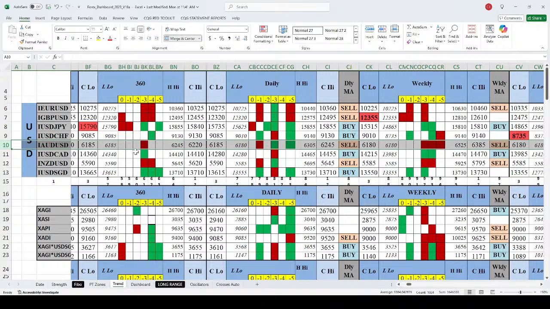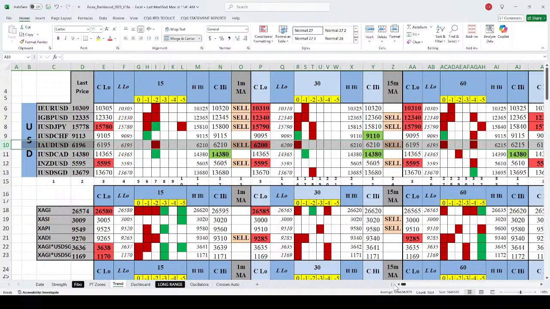Which means we should be selling and holding. Sell and hold or cautious sell. The range where we should be selling is near 62.20 or 62.45. These are the two levels to go for a sell.